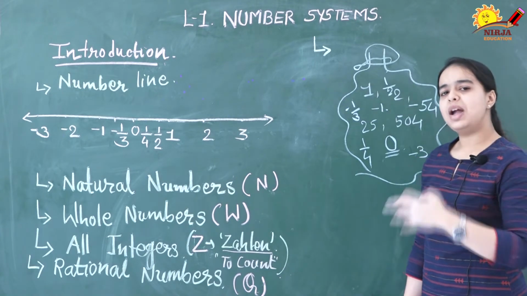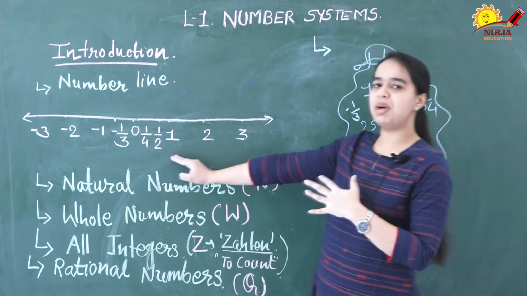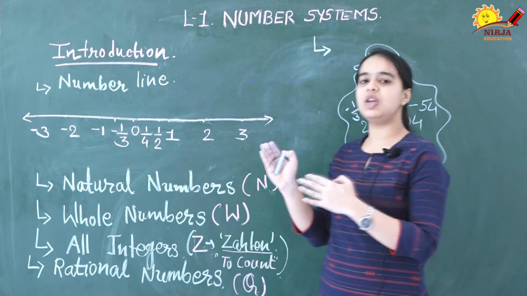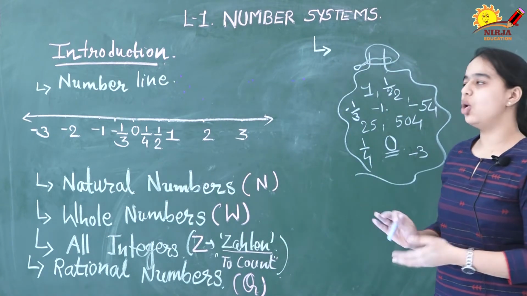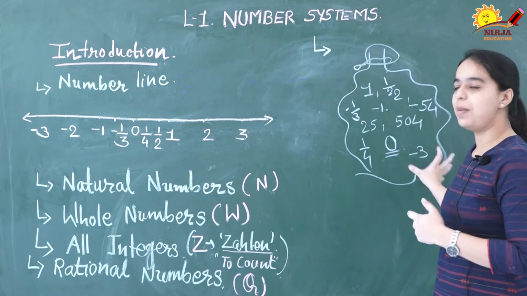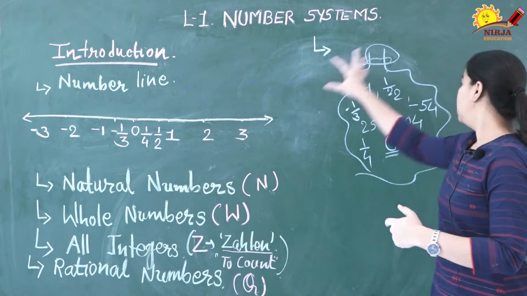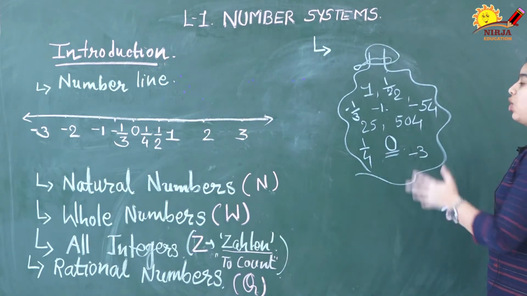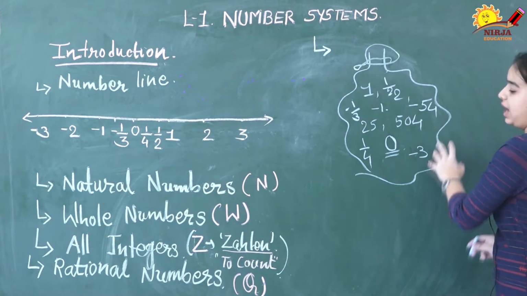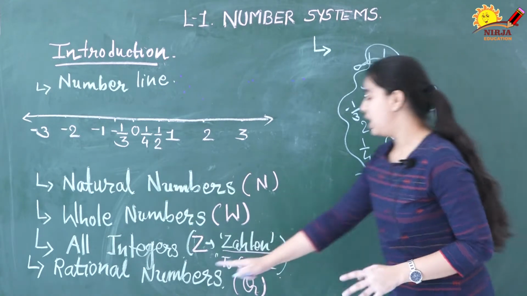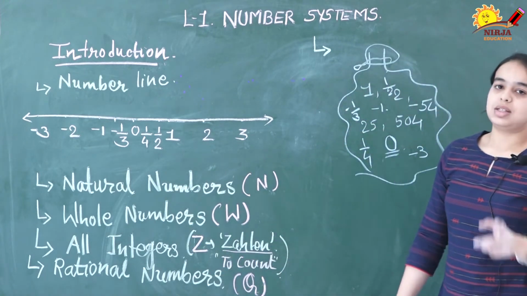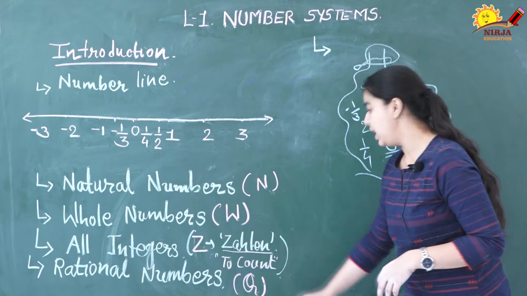And if I add a few more numbers like 1/4, 1/2, -25/23 and so on, then all the numbers we have collected in our bag are called rational numbers, and we denote them by Q.